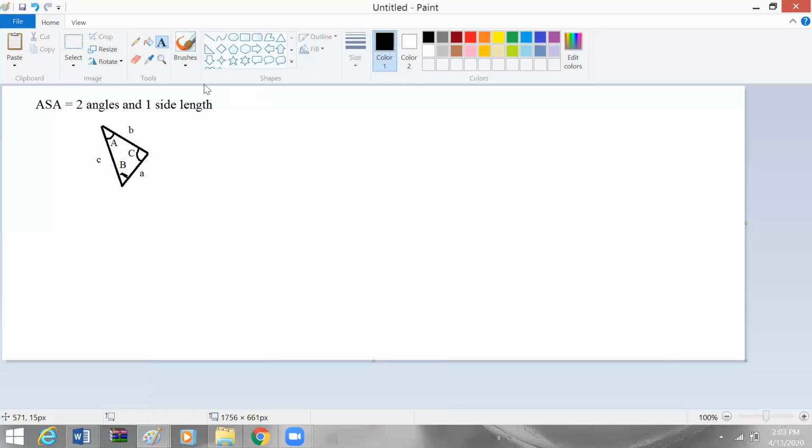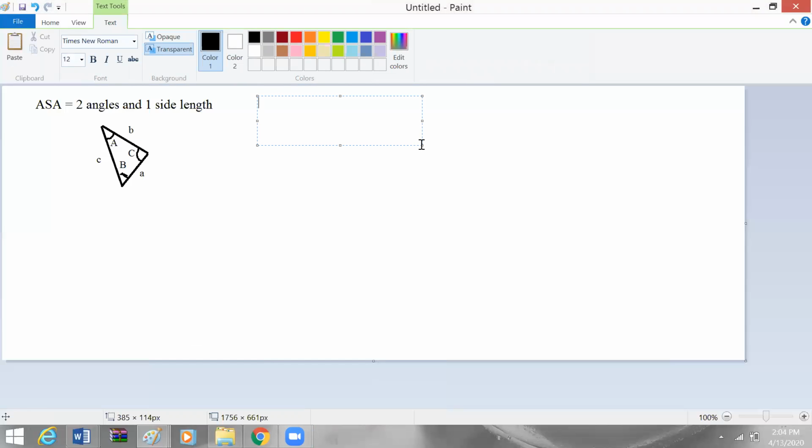So the rule for the cosine will be the following. I'm sorry, for the sine. The sine rule is for angles, okay? It's not that bad, but it depends on whether we solve for an angle or for a side length.